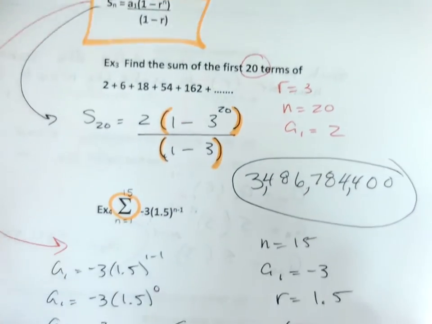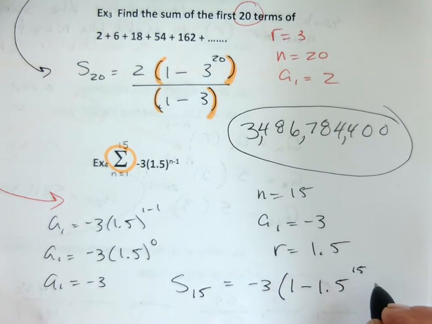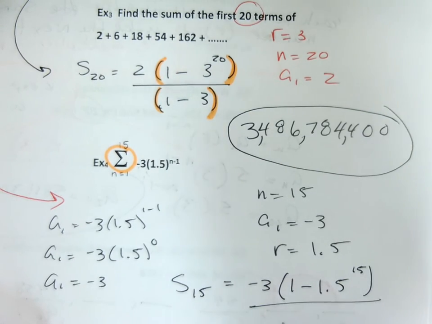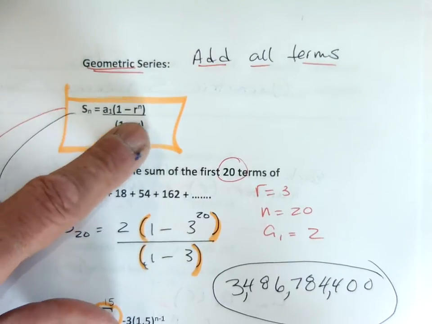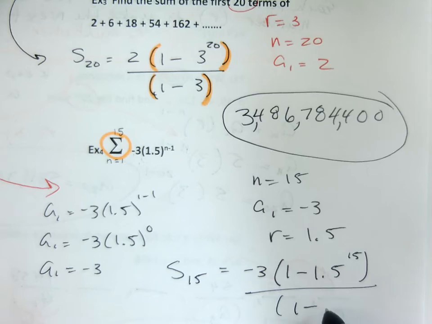And the n power, how many terms are there? There's going to be a total of 15 terms, divided by 1 minus R. That's our multiplier, which is our 1.5.